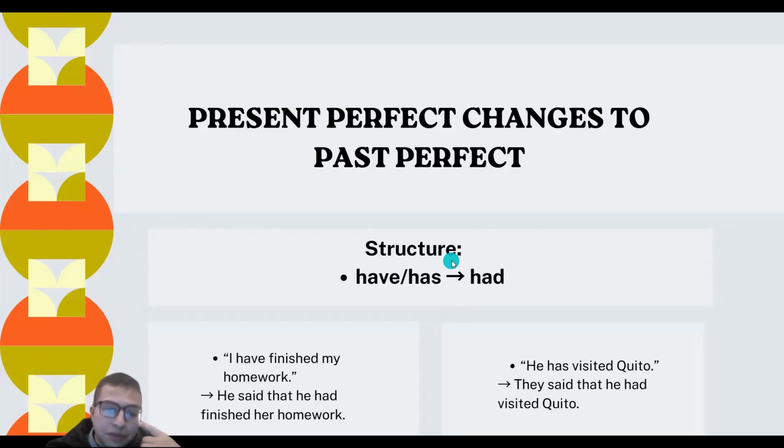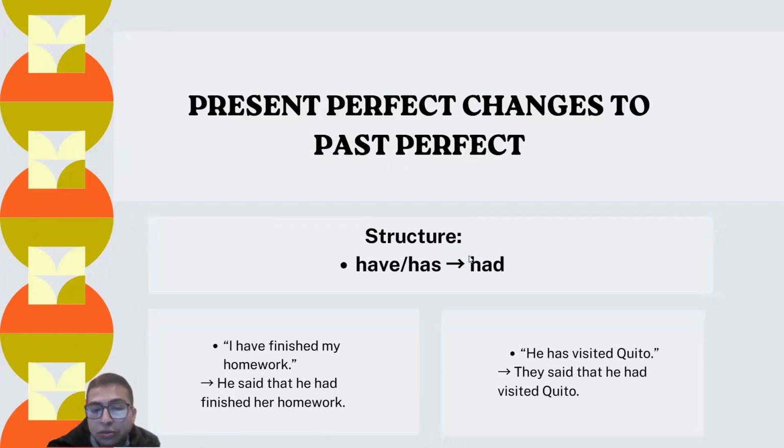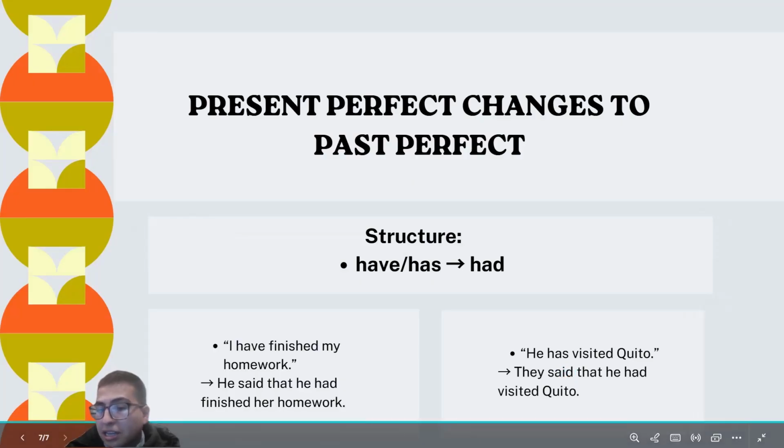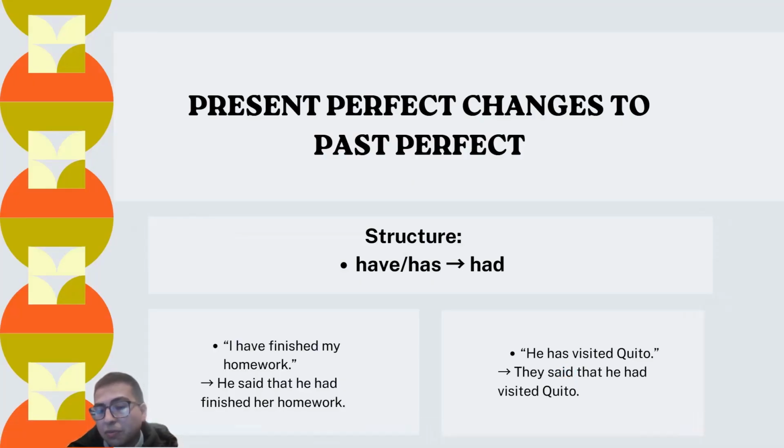For example, I have finished my homework becomes he said that he had finished his homework. Sorry, it's a mistake on this presentation. And another example, he has visited Quito. In reported speech, they said that he had visited Quito.